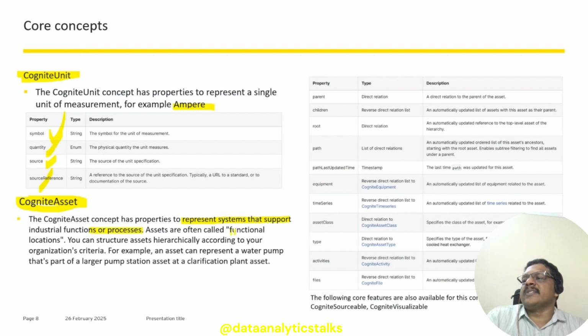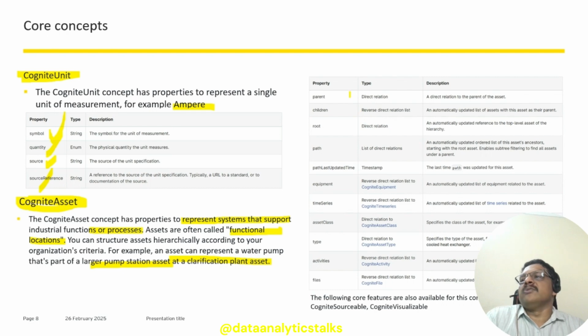Assets are often called functional locations. So that's what I said, when you compare with the SAP system, this is a functional location. You can structure asset hierarchy according to your organization's criteria. For example, assets can represent a water pump that's part of a larger pump station asset at a clarification plant asset.